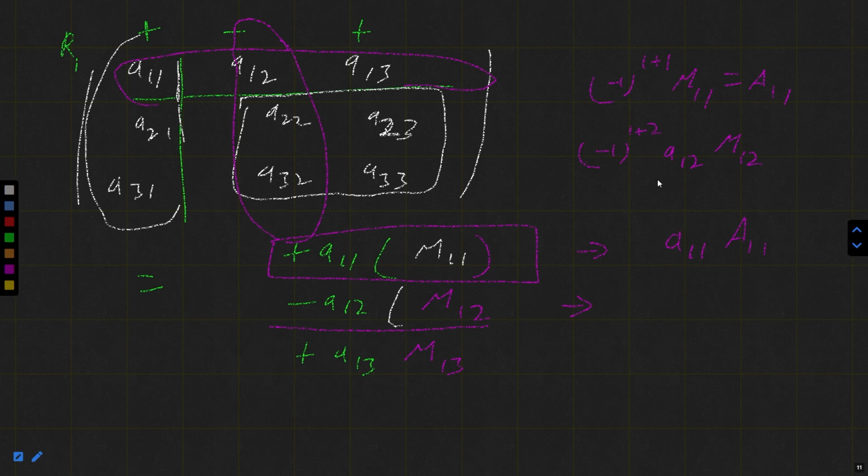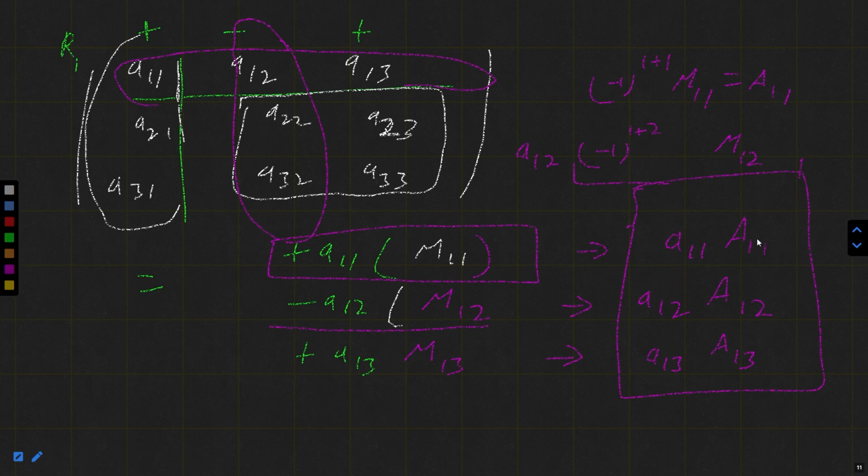Now what will I get from this? This is just some scalar, so I can do this. This will be A12, capital A12, where capital A means cofactors. The same thing happens here: A13 becomes capital A13. This is the revised determinant in terms of cofactors.